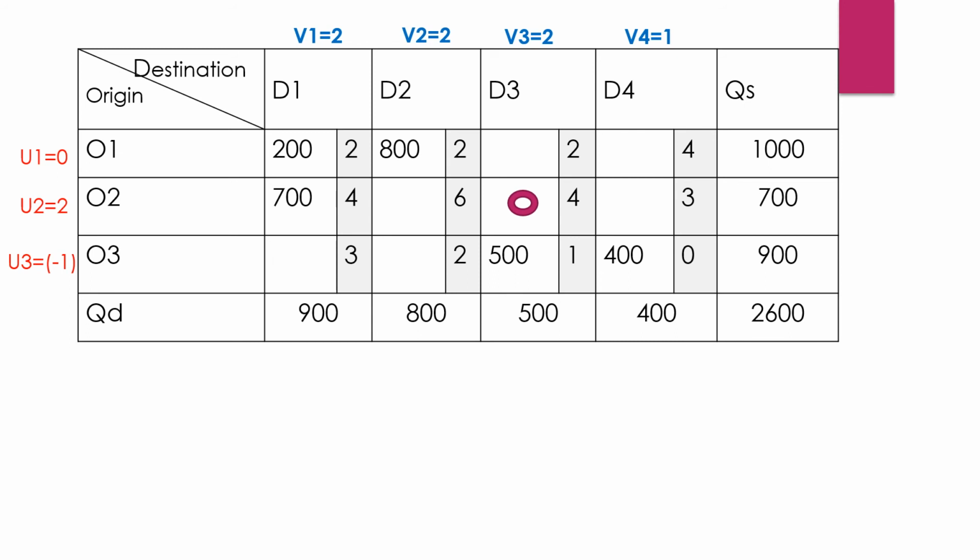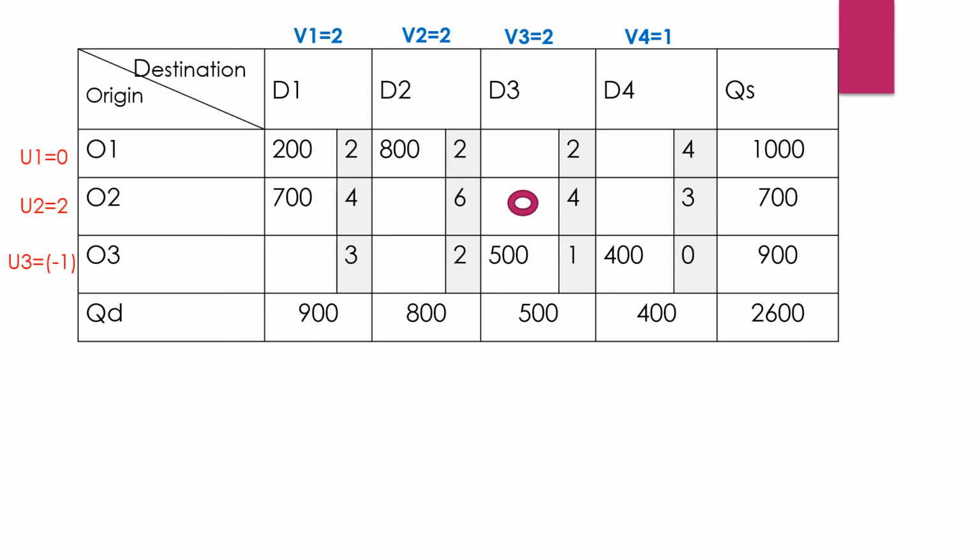Then, as I mentioned earlier, I will occupy this O2 D3 cell because we have to remove the degeneracy. Then when I occupy this cell, I would be able to find the value for U2. How are we finding the value? The O2 D1 has got an answer of 4, whereas V1 is only 2.